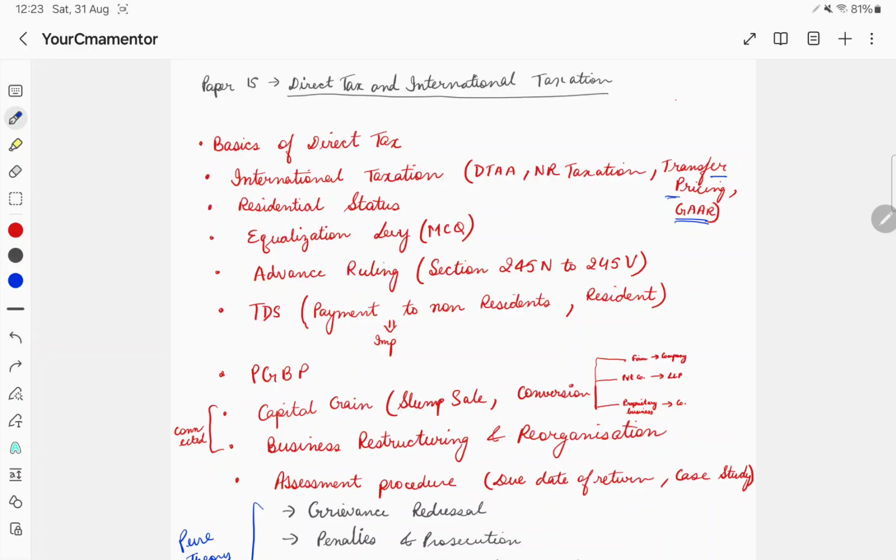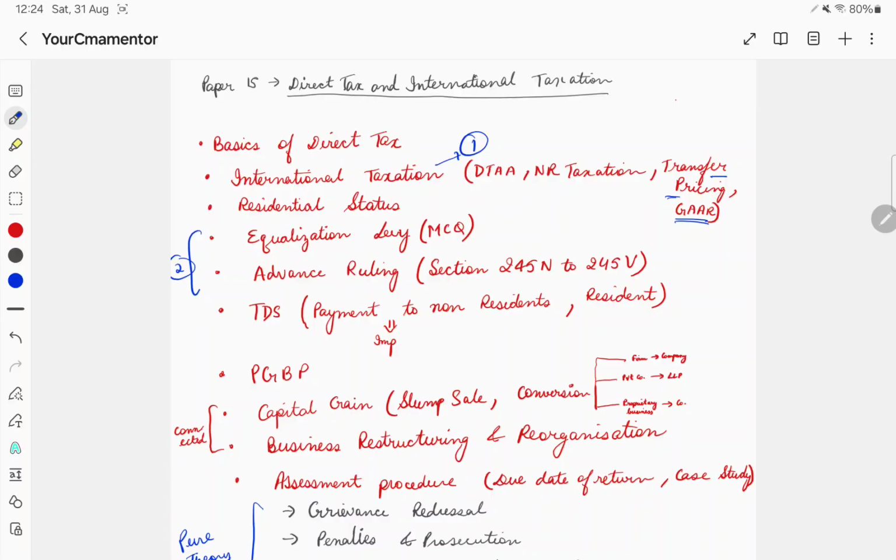Then the next chapters I would suggest are advance ruling and equalization levy. For equalization levy, basically an MCQ will come in the exam; it is not a very important chapter from the practical point of view.